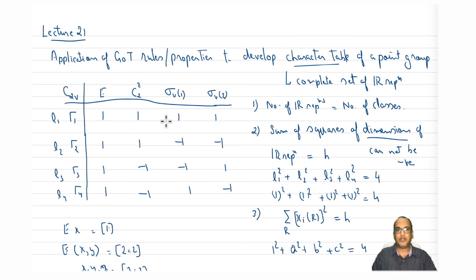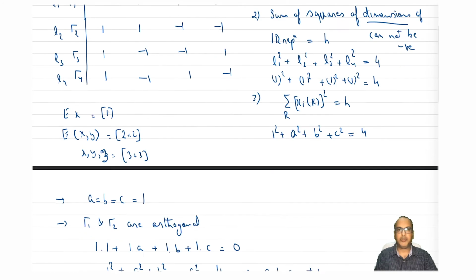Here we have not done any of these operations, or considered the basis set or the molecule. We have just worked out the solutions using the rules or properties of the great orthogonality theorem. Okay, so I hope this is clear.